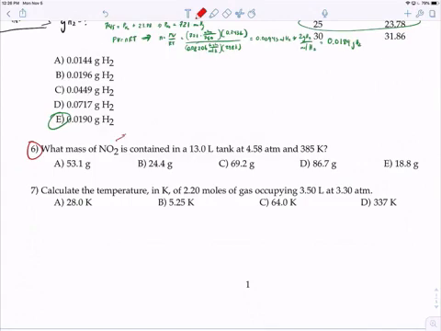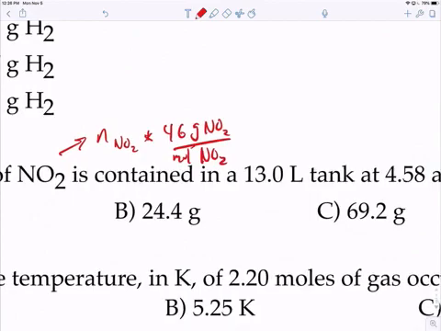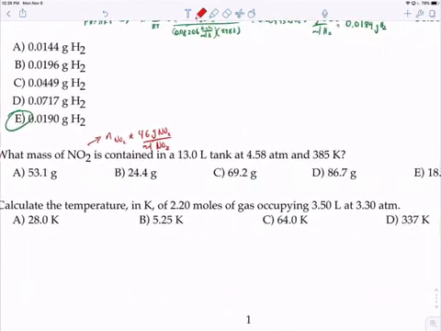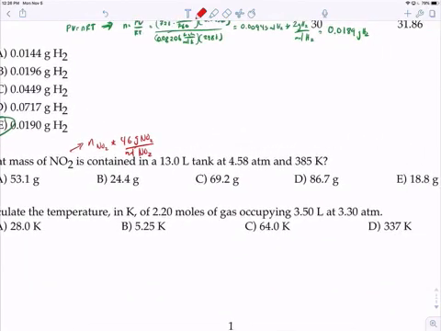We get the number of moles, n, of NO2, and then multiply by 46. I just know 46 because we just did that one, right? NO2 is 46 grams per mole. So now I have to figure out the number of moles.